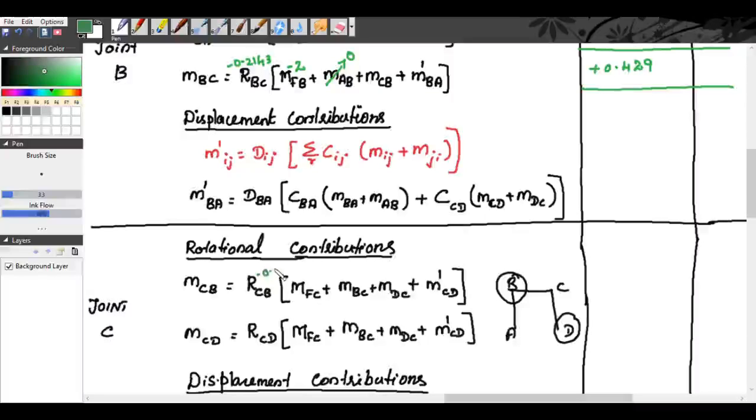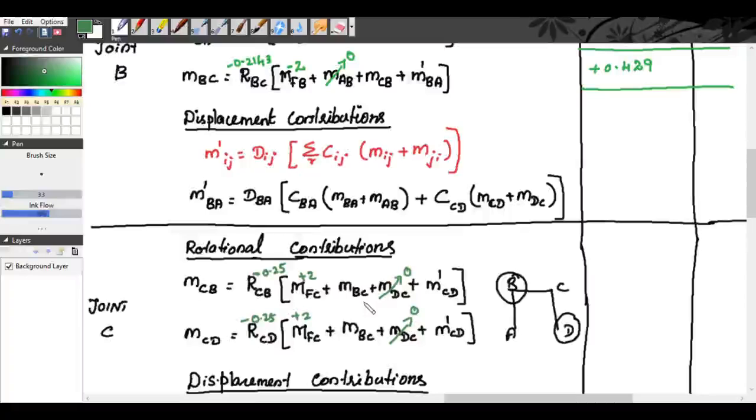So minus 0.25 and RCD is minus 0.25. MFC is plus 2. MBC changes for every iteration. So MDC is always equal to 0. So these values change. Initially we don't know what is M dash of CD. So we can take this as 0.